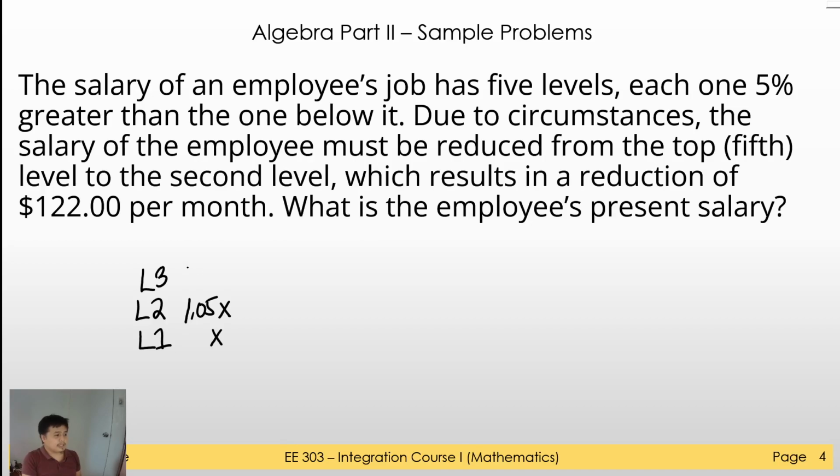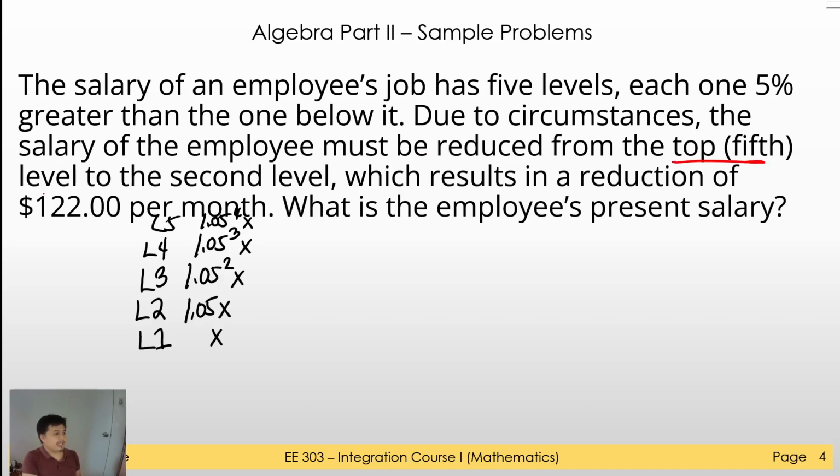For level 3, we have 1.05 squared times x, and then level 4, we have 1.05 cubed times the first level, and so on. So we're continuously multiplying x here to get to level 5. Originally, this is the salary of level 1.